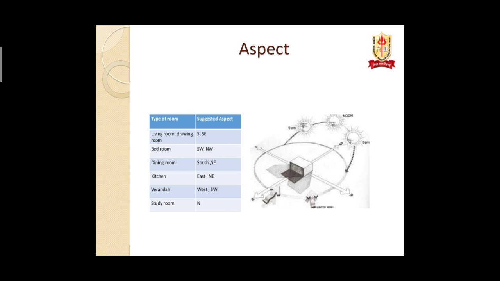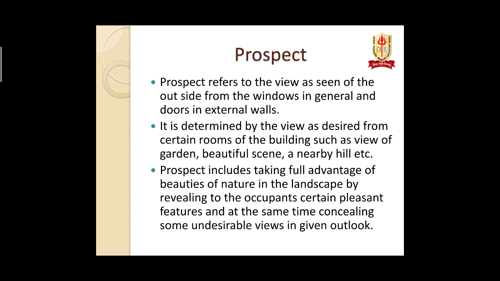Then we have a dining room that should be at south or southeast. Then we have a kitchen that should be at the east or northeast. Then we have a veranda that will be at the west or southwest. We have a study room in the north direction. Like this, we can take maximum advantage of nature and place different types of units in those directions.